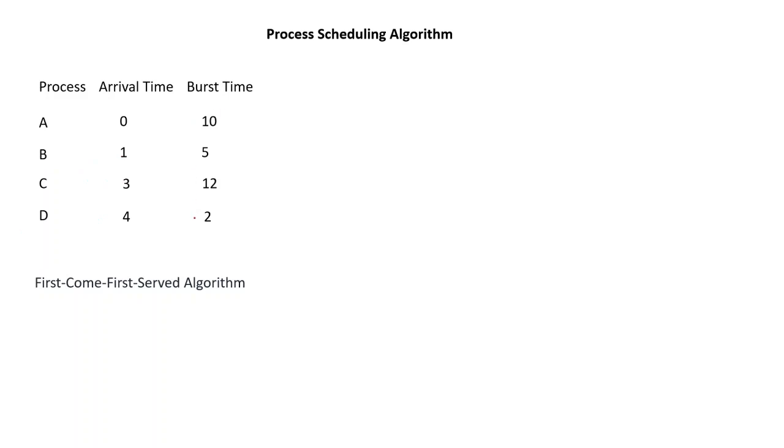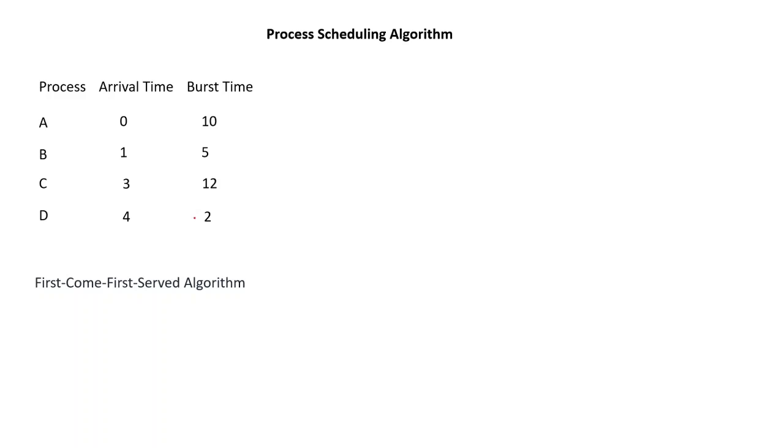Now in the case of the first come first served algorithm, when processes arrive, they are made to execute in the processor in the order they have arrived. So no burst time consideration or priority consideration is taken into account while we schedule them.